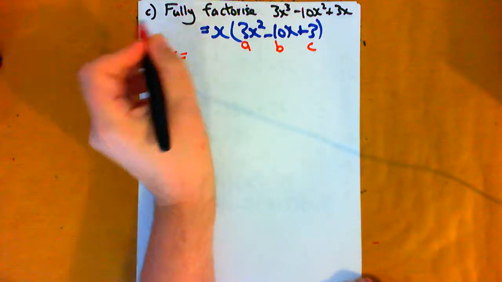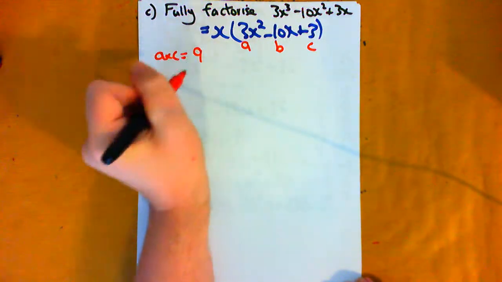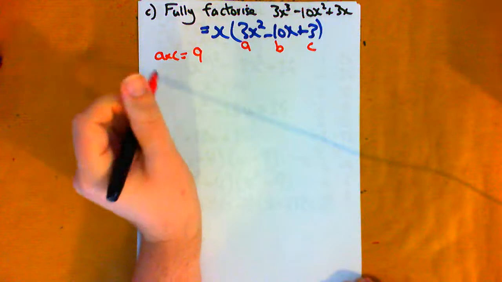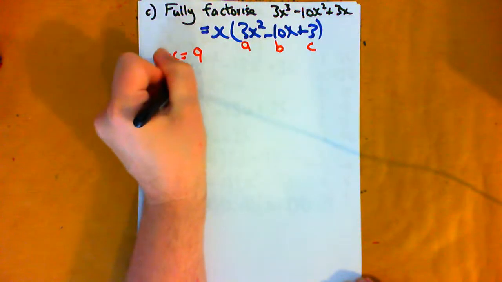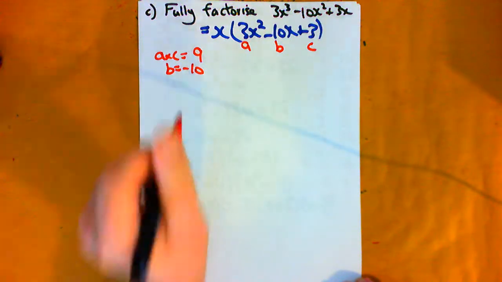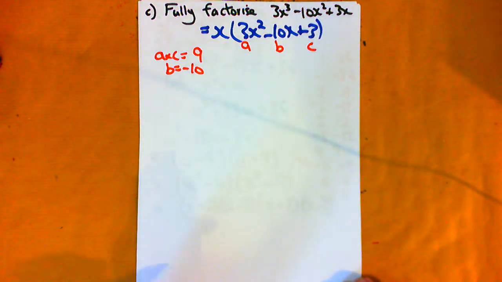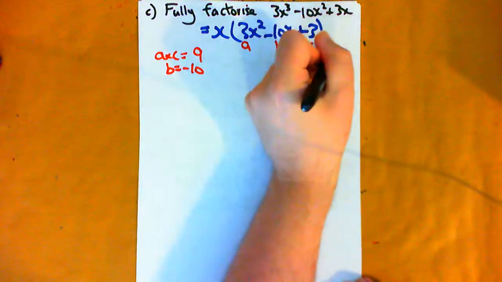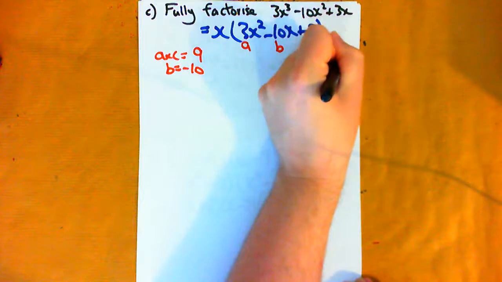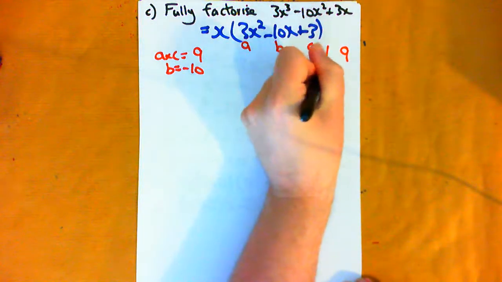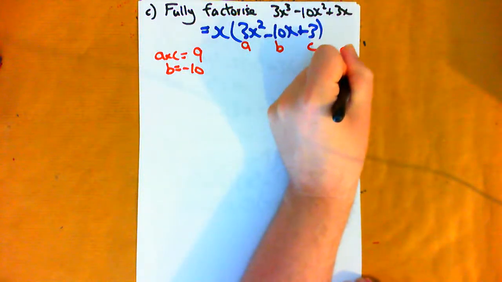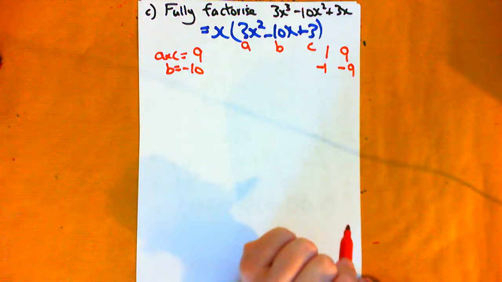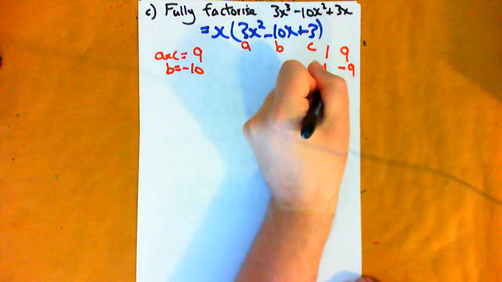A times C is 3 times 3, which is 9. We're looking for two numbers that add to B, which was negative 10, but they multiply to 9. Okay, so does 1 go into 9? So 1 times 9 would be the first pair, and negative 1 times negative 9. Now we also want 3 and 3, don't we?